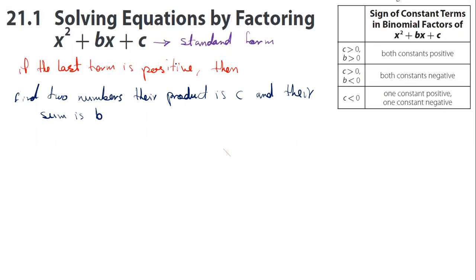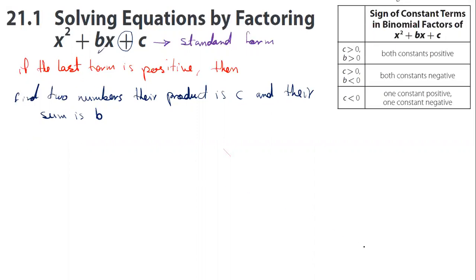C is the last term. Because the last term is positive, we have to look for two numbers. Their product is the last term, and their sum is the coefficient of the midterm, B.